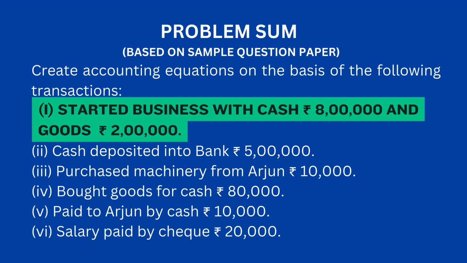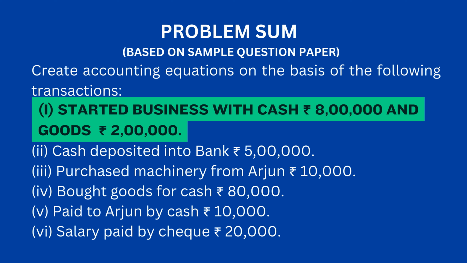So in the first, let us look into the question. The first accounting equation goes as: started business with cash rupees 8 lakhs and stock rupees 2 lakhs. So what we see is that the equation will be cash 8 lakhs, stock 2 lakhs, and capital 10 lakhs. Let's see how we place this in the accounting equation.